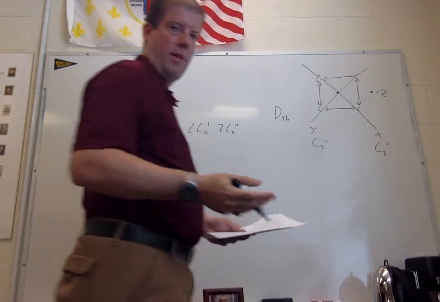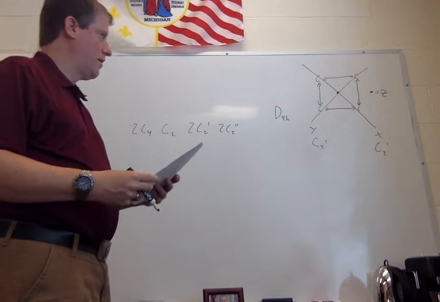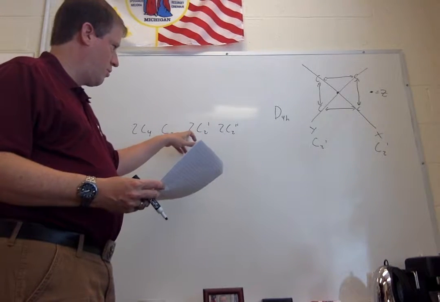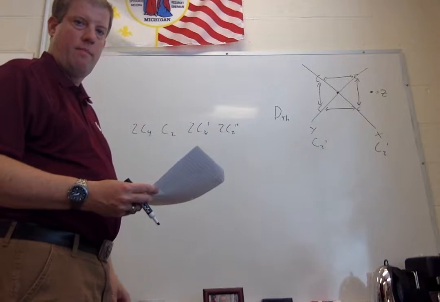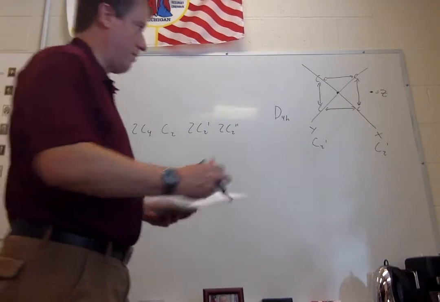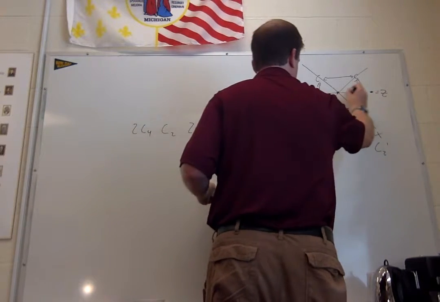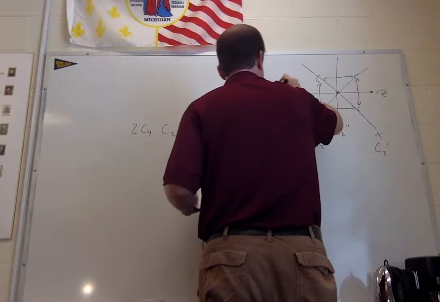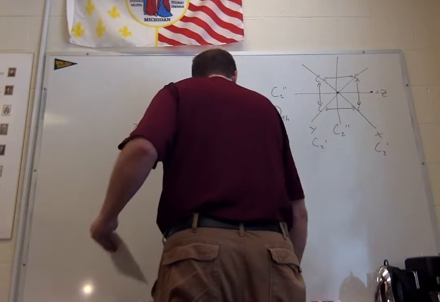There's two of them. They belong to the same class, which means they do the same thing. 2 C2 prime. There's also the C2 axes that don't contain any atoms. And so we draw those on here. And those are our C2 double prime.